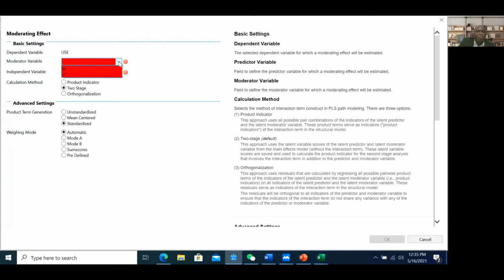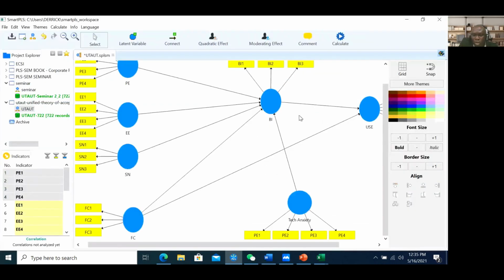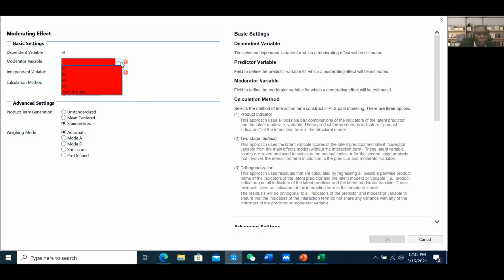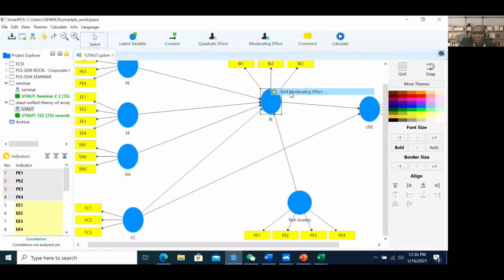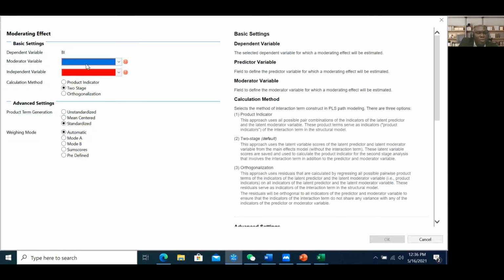Moderator variable is what? Okay, good. So we stand here, choose the moderating effect. Moderator variable is technology anxiety.